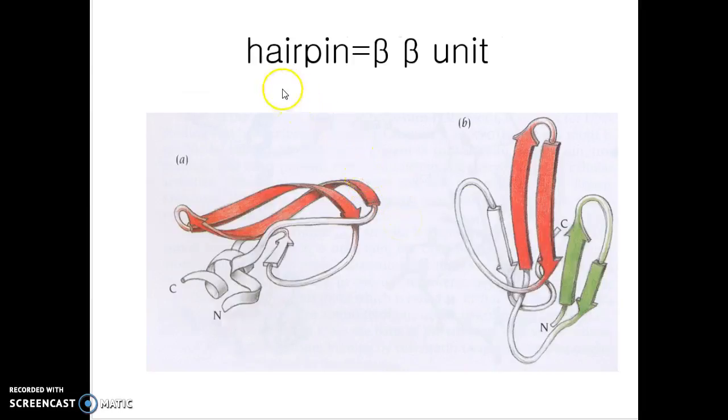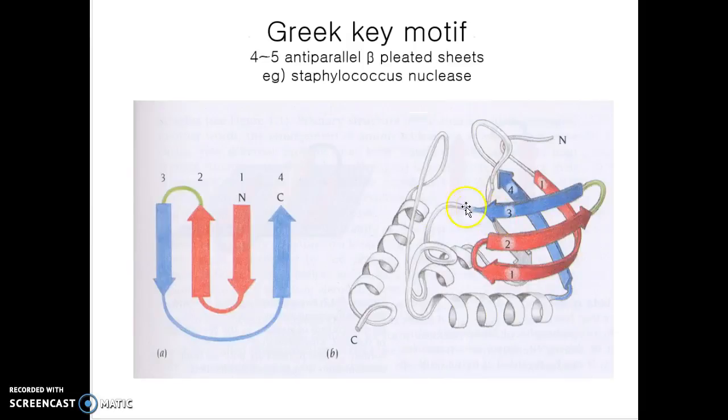Next motif will be the hairpin or beta-beta unit. Two antiparallel betas are connected by a small loop. In B, you can see two hairpin structures in a single protein. Next one will be another complex but beautiful motif called the Greek key motif.